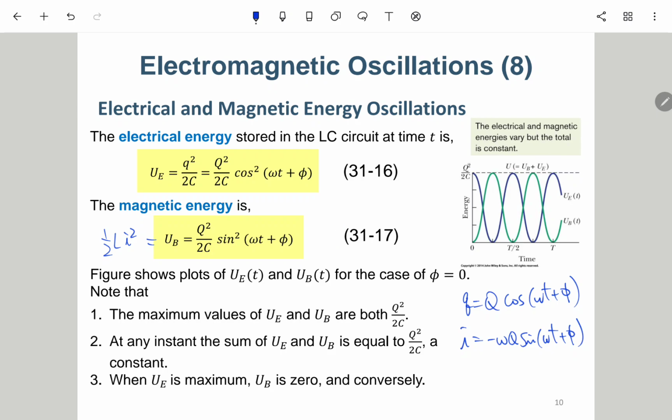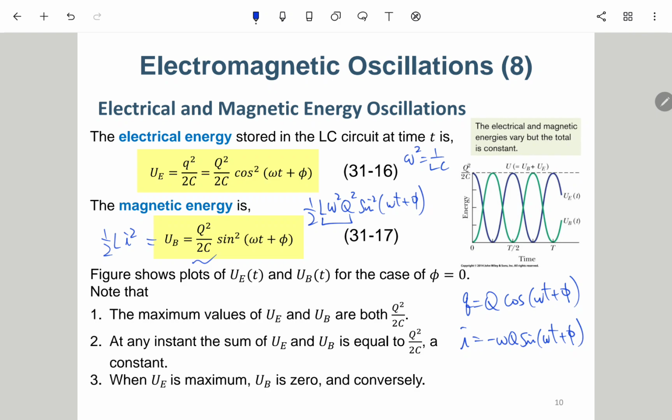Sorry, it should be half of L i squared is half L omega squared Q squared, and then sine squared of this omega t plus phi. Okay, so this one is a little bit different from this one, but we know that omega is the square root of 1 over LC.